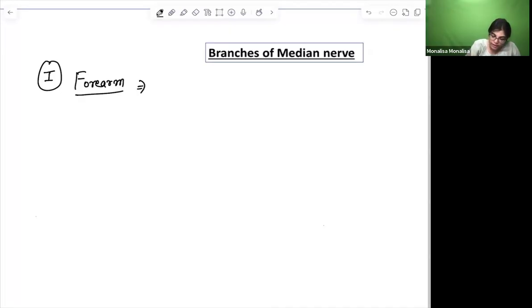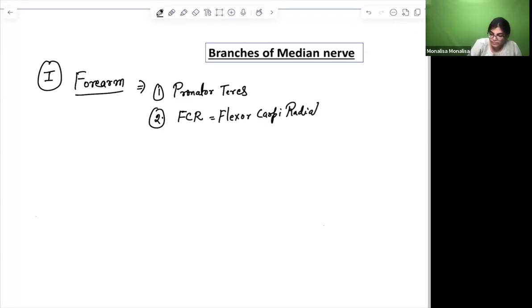So write down the branches of the median nerve in the forearm. In the forearm, it gives innervation to pronator teres, flexor carpi radialis, palmaris longus, flexor digitorum superficialis.